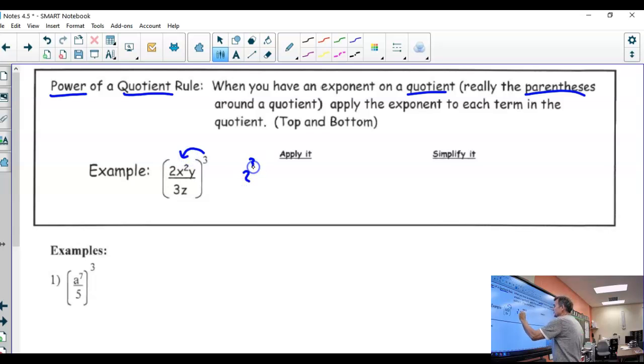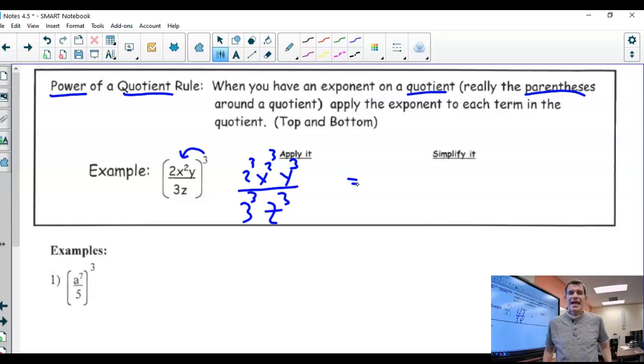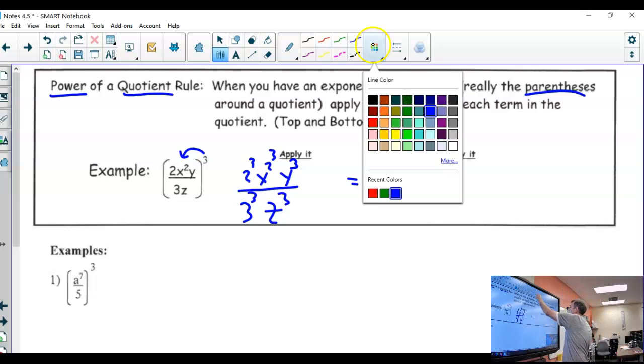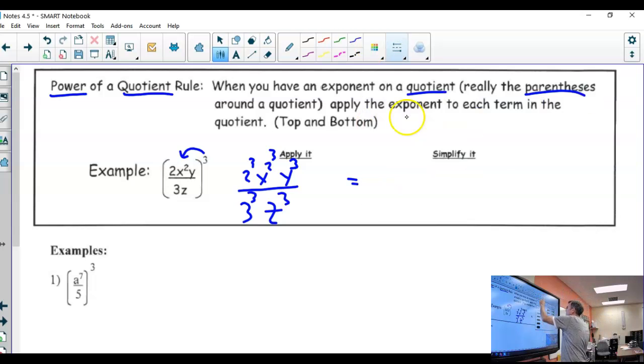It would be 2 to the 3rd, x squared to the 3rd, y to the 3rd, over 3 to the 3rd, z to the 3rd. And then you simplify it. So what is 2 to the 3rd? It's 8.